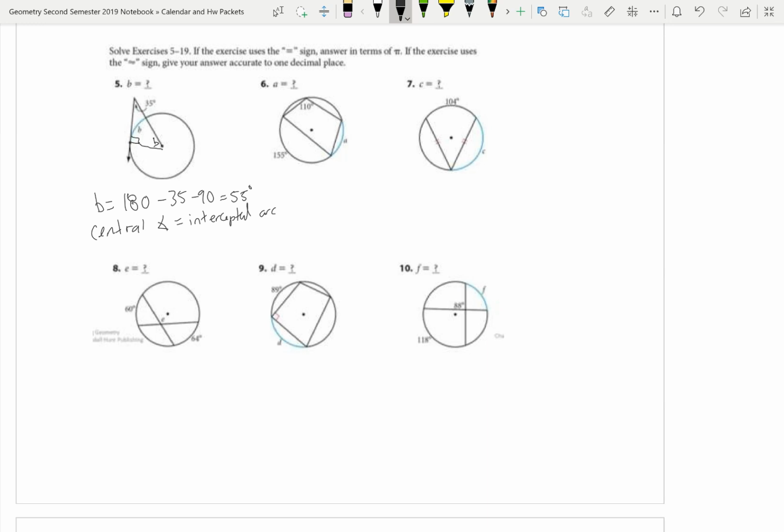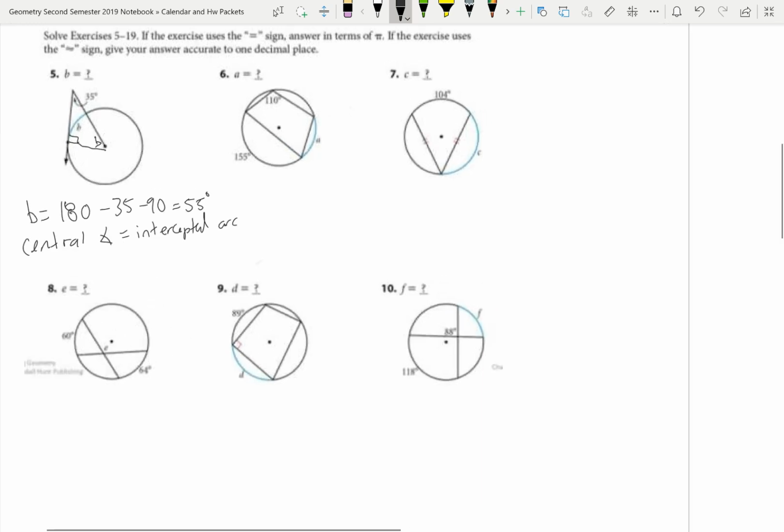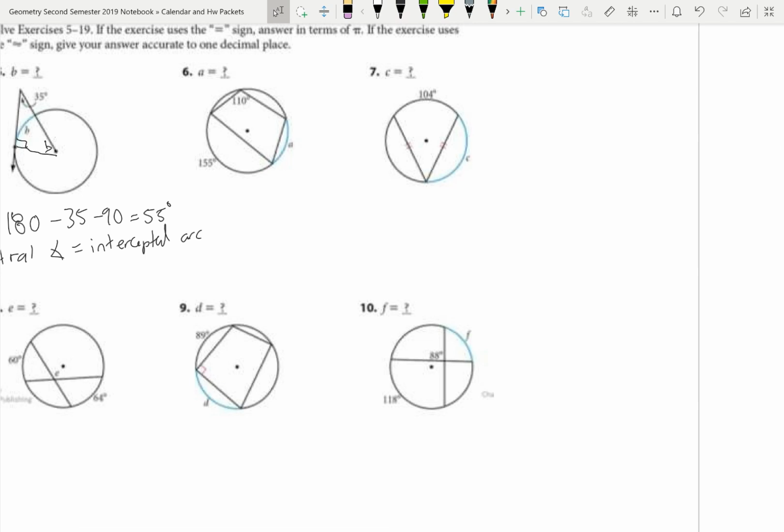And let's see. Number A, looks like we have a cyclic quadrilateral, an inscribed quadrilateral. And then we have an inscribed angle that's 110. And so this entire arc right here is going to be 110 times 2, which is 220, because the inscribed angle is half the measure of its intercepted arc.